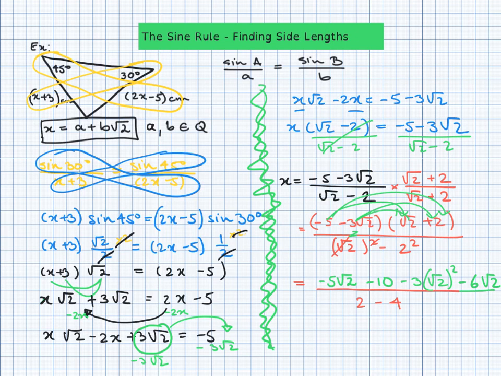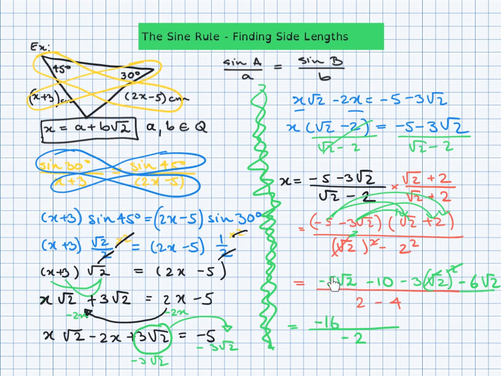Okay, let's now try to simplify this. 2 take away 4 is -2. That's fine. So this 2 and this square root are gone. Now collect like terms. We have here -10 and -3 times 2, which is -6. -10 and -6 will be -16.